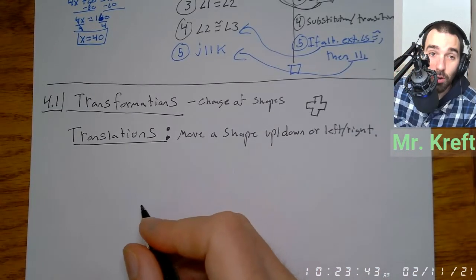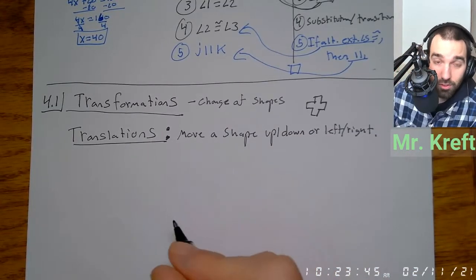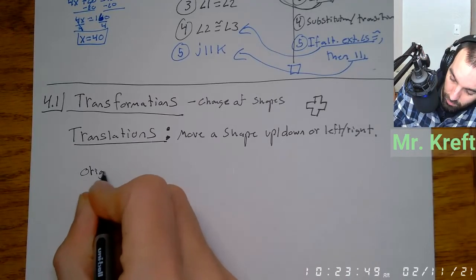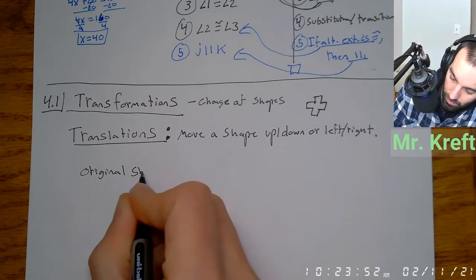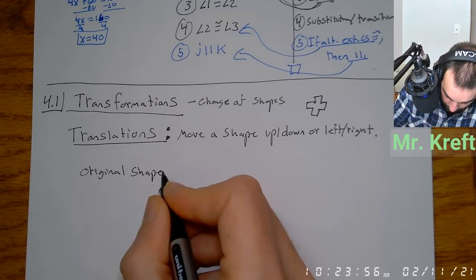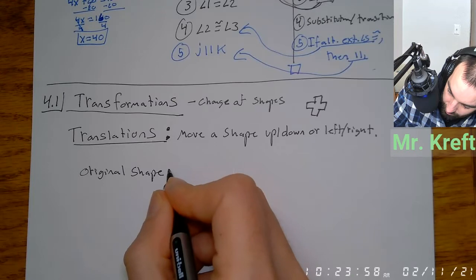Okay. So the book uses really weird language. The original shape, that is called the pre-image.